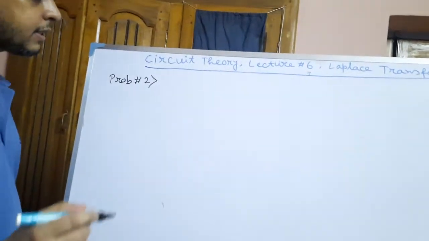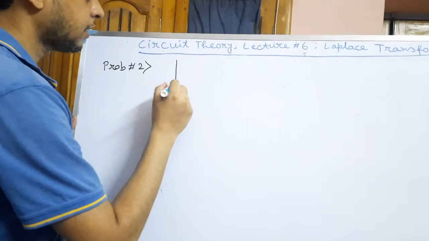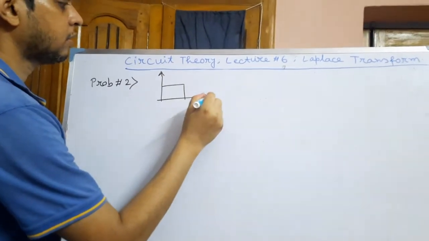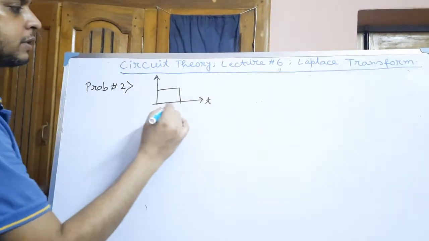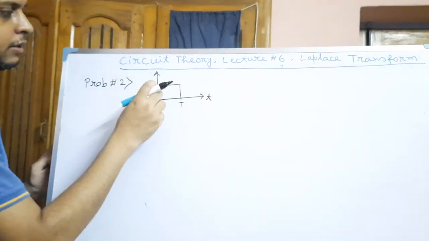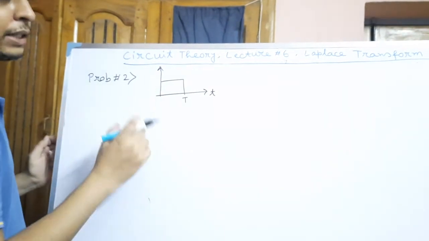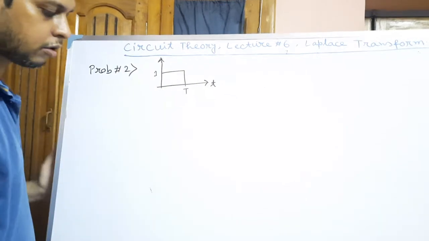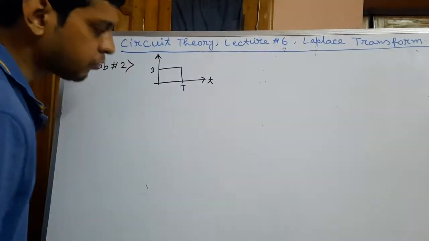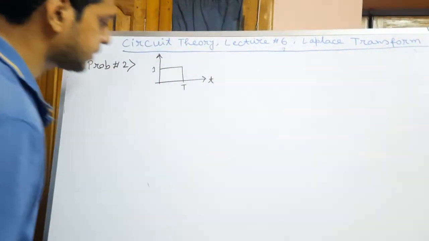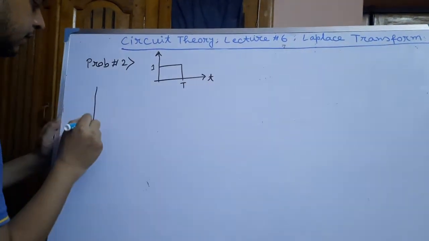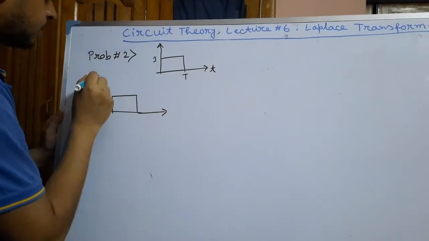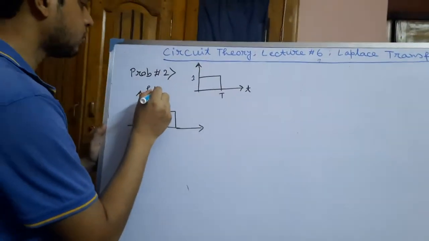Now let us take this function. This is a pulse function, unit pulse function. Now it would be better if we take this function first, a more generalized function. This one, f(t) equal to this one.